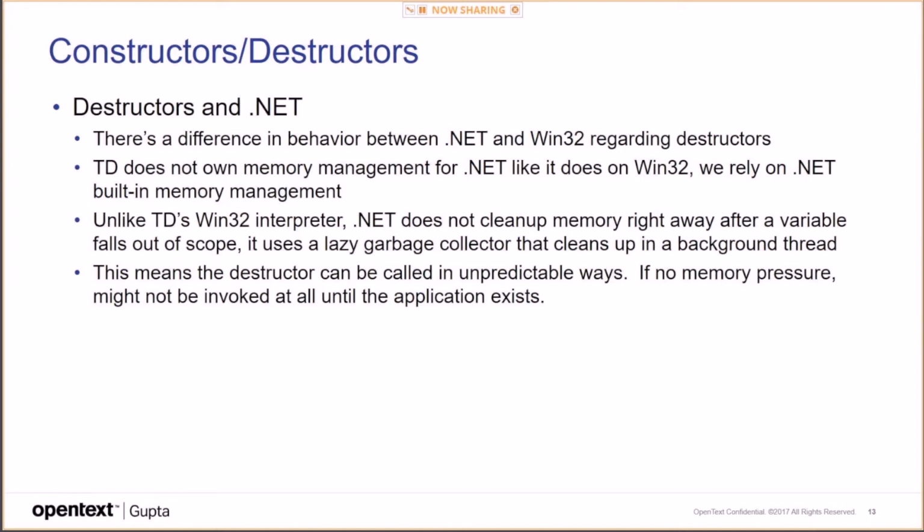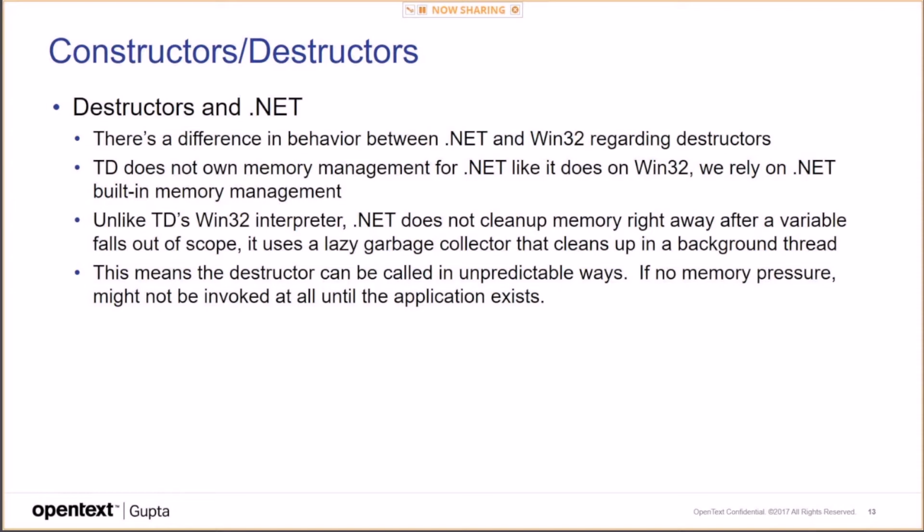There's a difference in the behavior between .NET and Win32 regarding destructors. In TD doesn't own memory management in .NET like on Win32, so we rely on .NET to do the memory management. In .NET, the memory doesn't get cleaned up after a variable falls out of scope.